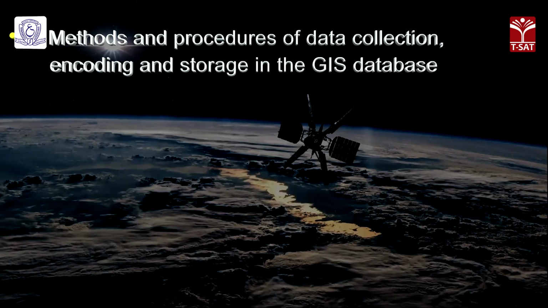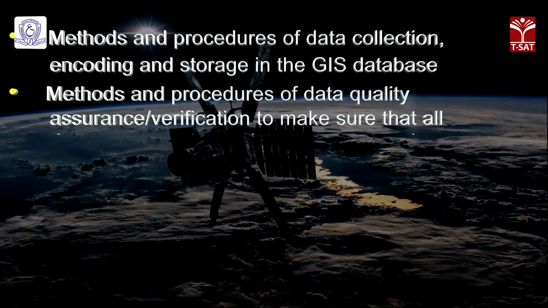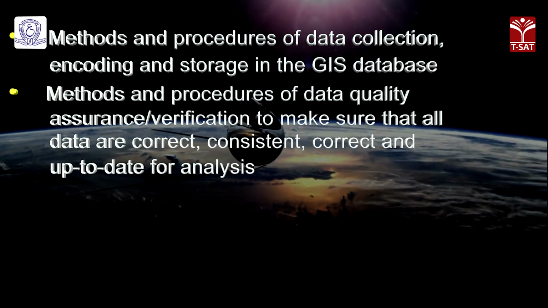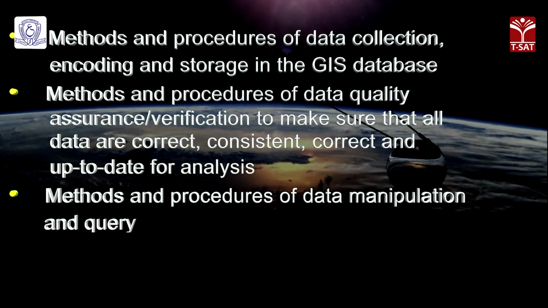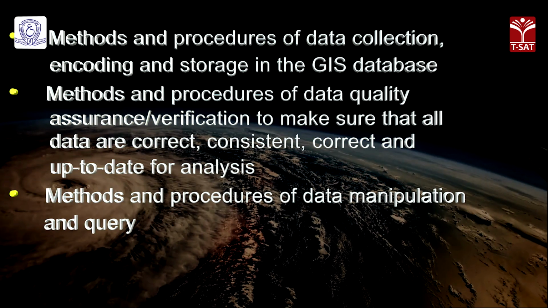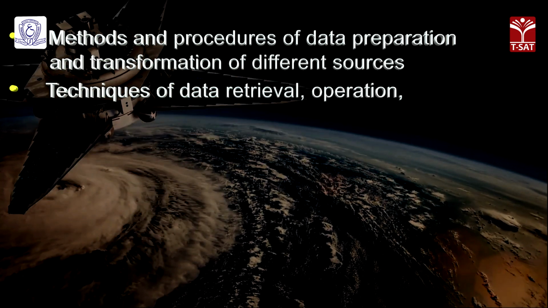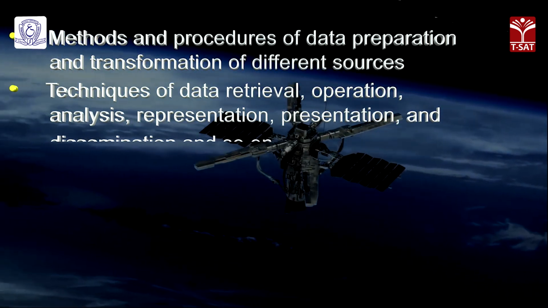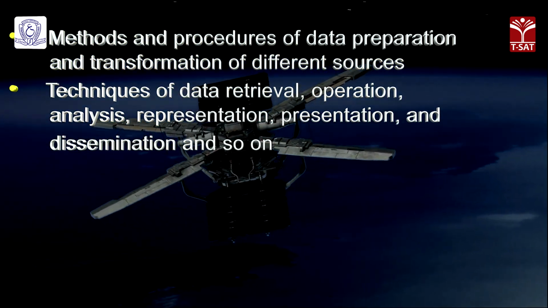In summary, this component incorporates the functions: methods and procedures of data collection, encoding and storage in the GIS database, methods and procedures of data quality assurance, verification to make sure that all data is correct, consistent, correct and up to date for analysis, methods and procedures for data manipulation and query, methods and procedures of data preparation and transformation of different sources, techniques of data retrieval, operation, analysis, representation, presentation and dissemination, and so on.